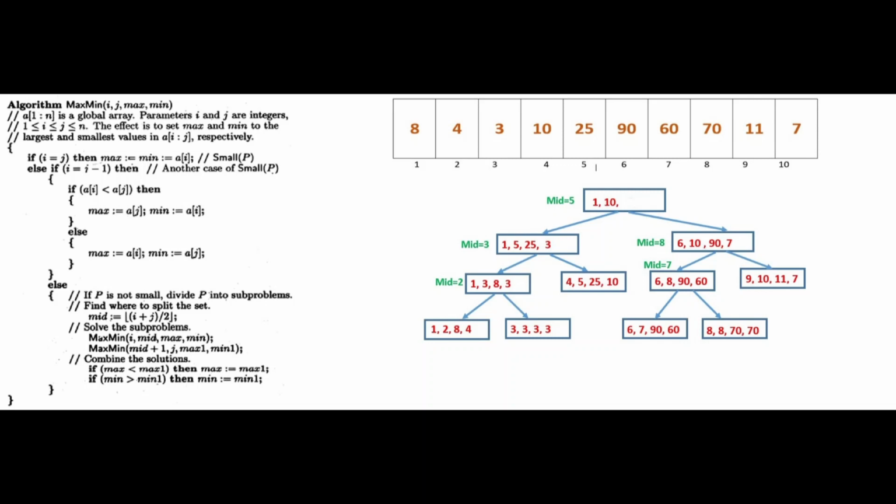Then the last line, compare min and min 1. Here min is 3 and min 1 is 7. So assign the smallest value to min. Here the smallest value is 3, so assign 3 to min.